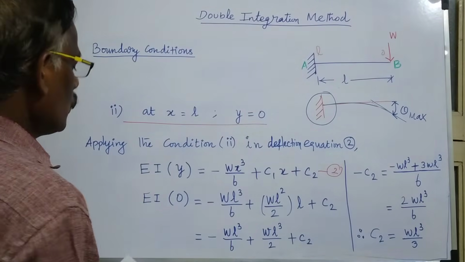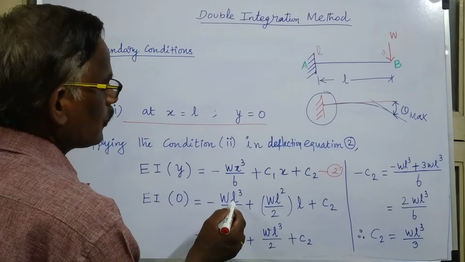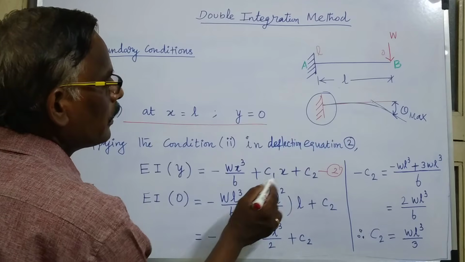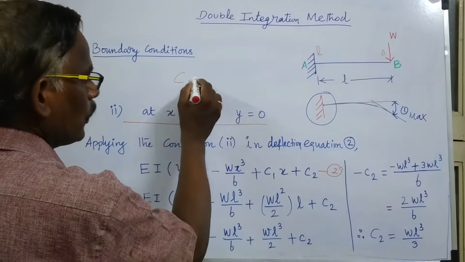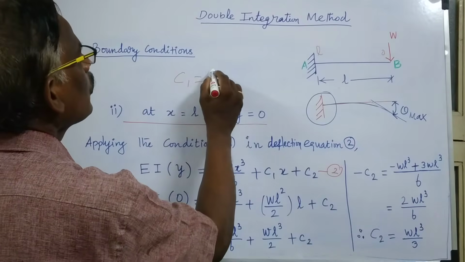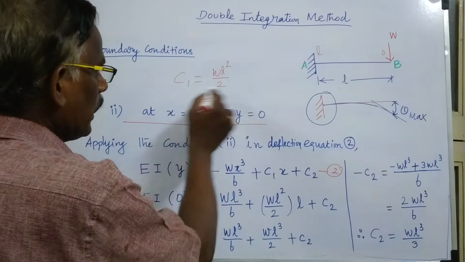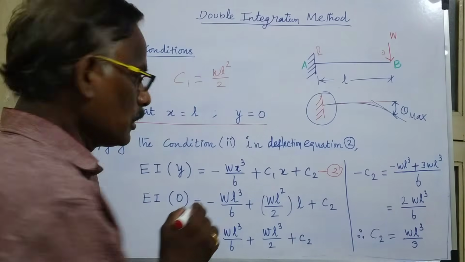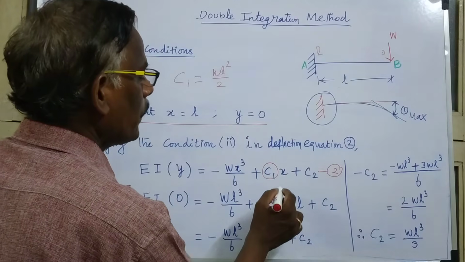We put x is equal to L, y is equal to 0 in this equation 2. Y becomes 0, x becomes L, so minus wL cube by 6. Here, what is the C1 value? Already we determined the C1 value is wL squared by 2, from the first condition. Put this C1 value here, wL squared by 2.